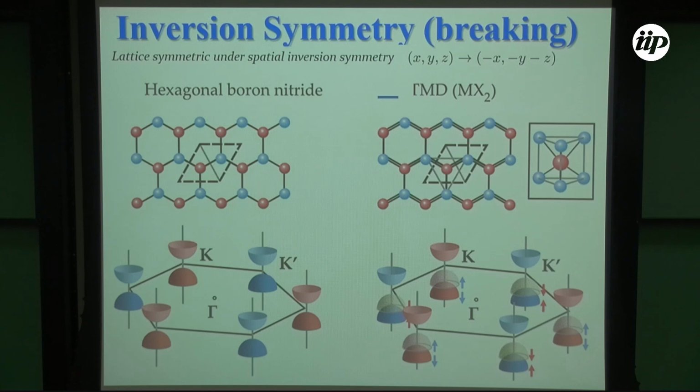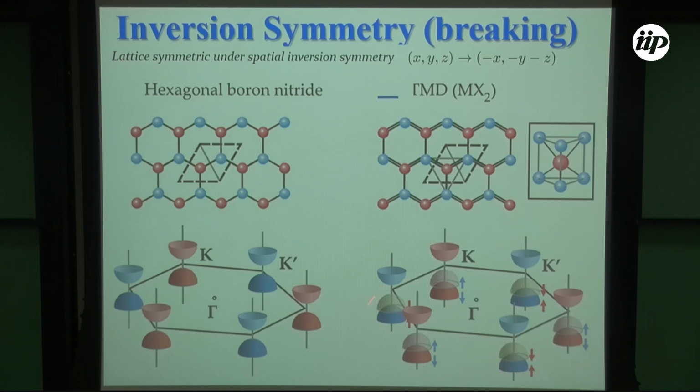Then boron nitride is another situation where there is breaking of the inversion symmetry, and this results, due to the electronegativity of boron and nitrogen, in a much larger gap, a few electron volts, 5 electron volts, and so forth. And now in the case of TMDs, a strong spin-orbit coupling additionally induces a spin splitting of the bands.